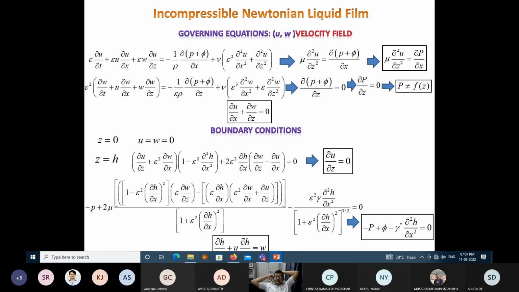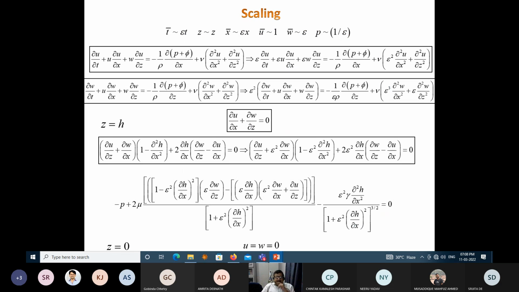Any questions up to this point? A lot of hard work. Any doubts? Sir, why are we considering slower reaction? Where did we consider slower? T equal to 1 by epsilon we are taking, and that means large time, it means rate of reaction. This t was my original time.